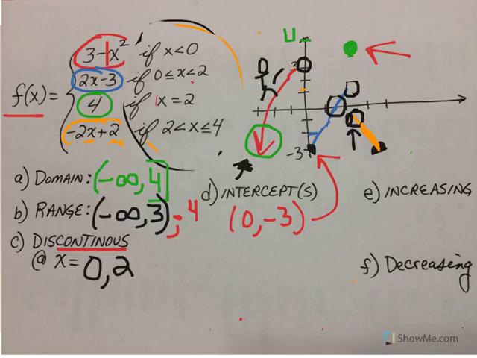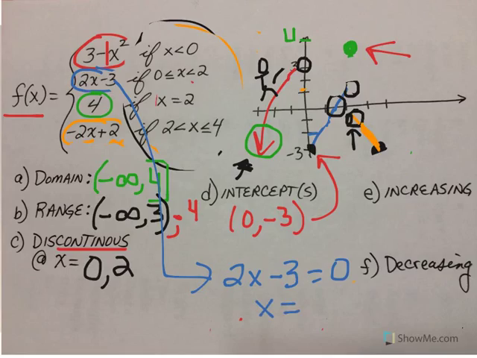So I'm going to take the blue piece right here, and I'm going to set that equal to 0. 2x minus 3 equals 0. And if you add 3 and divide by 2, you're going to get 3 halves, or 1.5. So the other intercept would be at (3/2, 0).